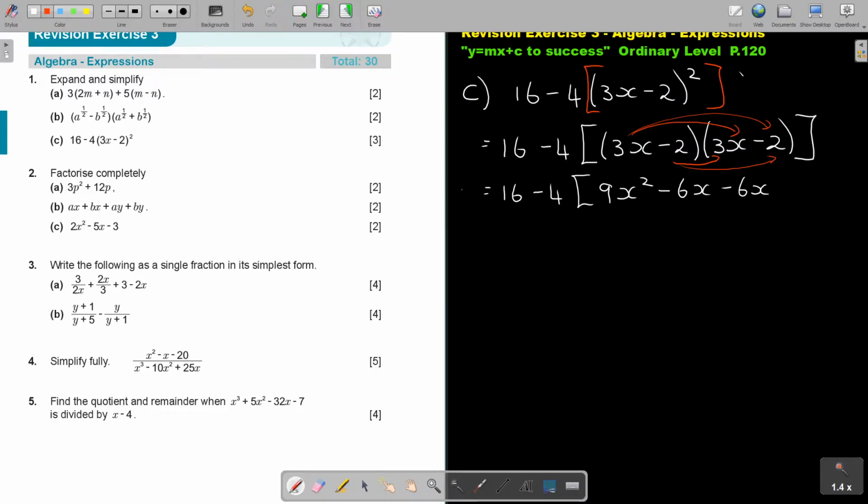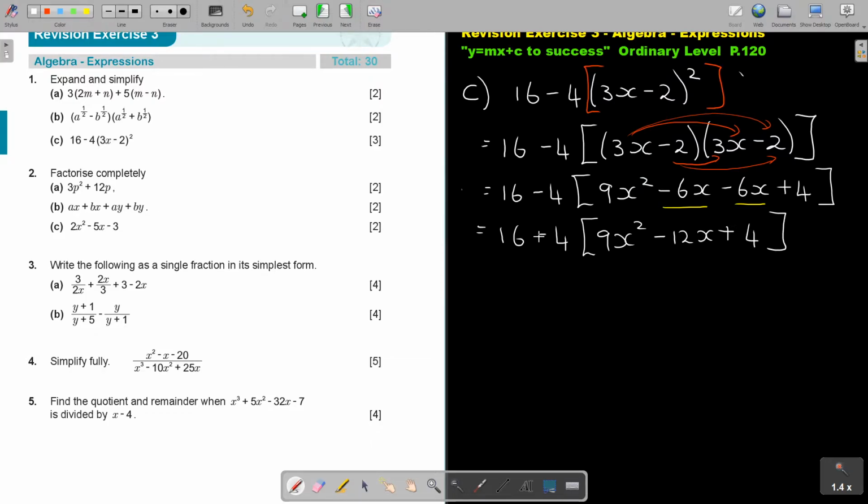And this times this is going to be negative, oh no, a negative times a negative is positive, almost a mistake. Okay, now to make it shorter, it's not necessary, you can already add your like terms there. But you can do it in the next step also. So it's negative 12x plus 4.